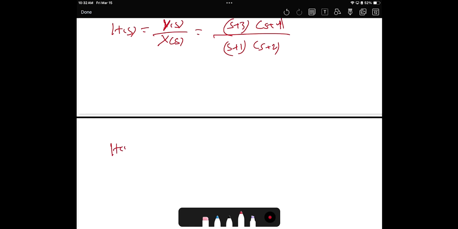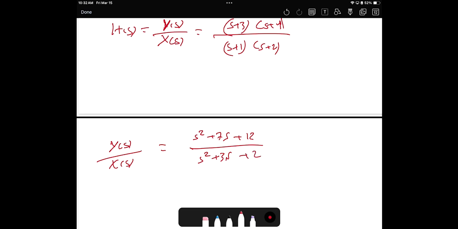Then I can say h of s equals y of s over x of s. Do the product: s squared plus 7s plus 12 divided by s squared plus 3s plus 2.